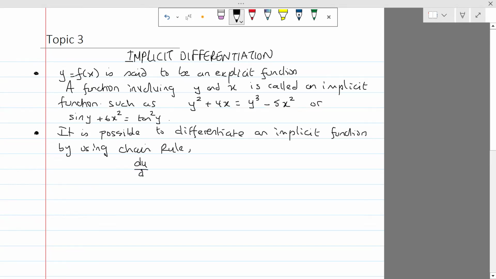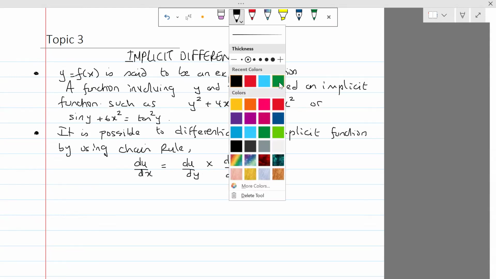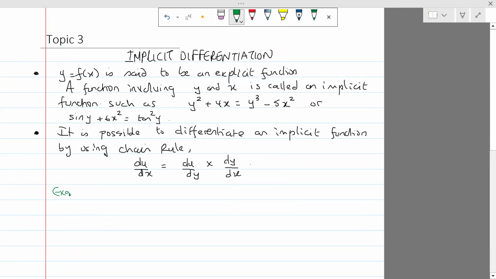So I'm going to write it as du by dx equals du by dy times dy by dx. Let us look at an example. Differentiate y squared with respect to x.